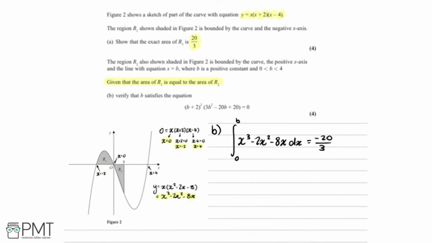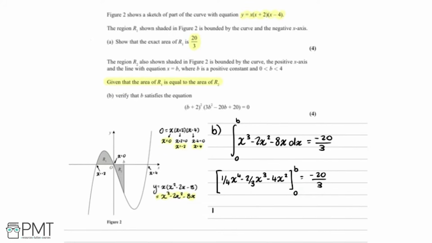So I'm going to carry out the integration, and this is exactly the same as in the previous part. We get a quarter x to the power 4 minus 2 over 3 x to the power 3 minus 4x squared, between 0 and b, and again that equals minus 20 over 3. Evaluating this, we sub x equals b and then take away subbing in x equals 0.